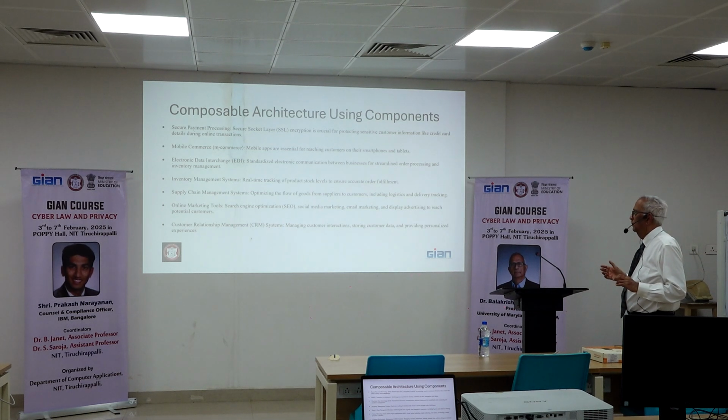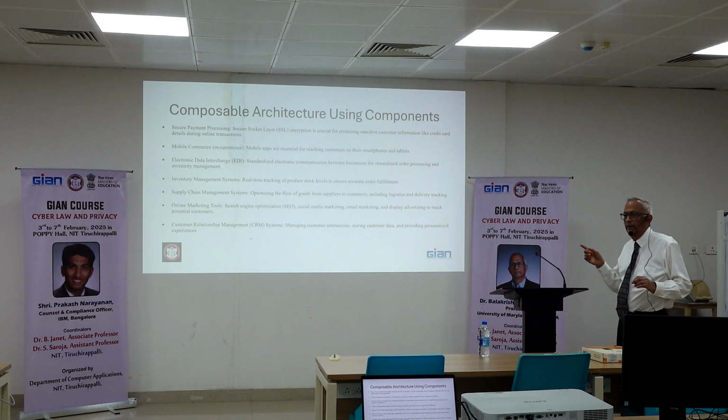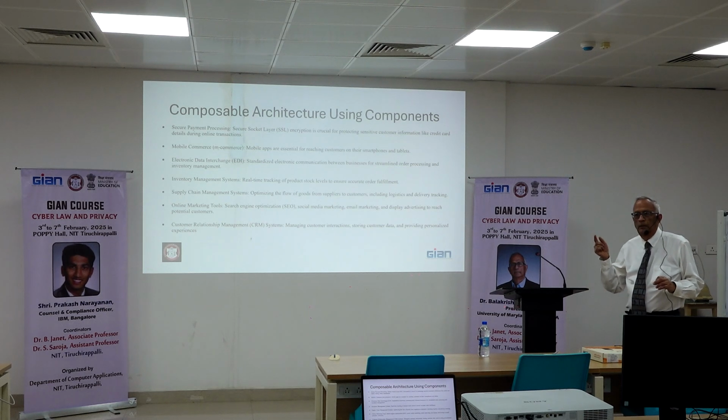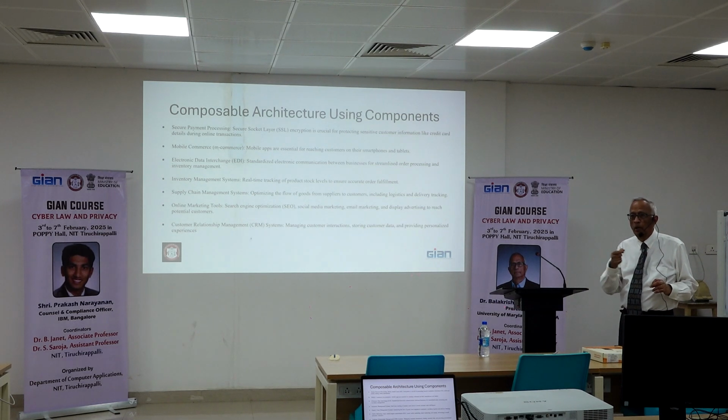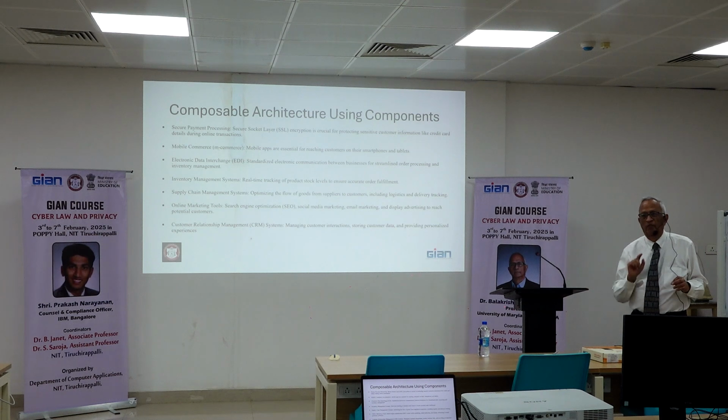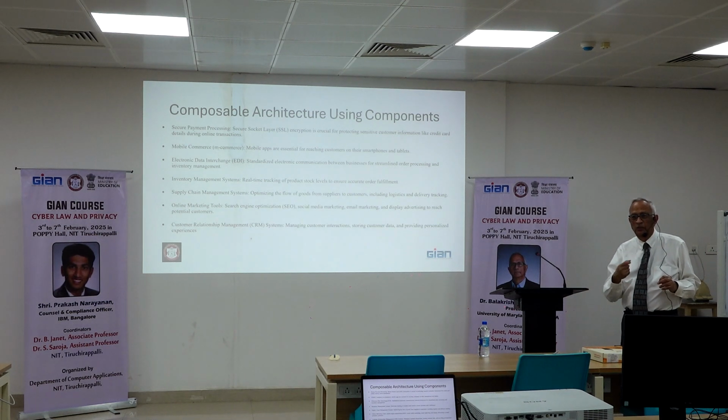The reason optimizing the flow of goods is very important is that the more you store ahead of time, the more it is a waste of your money, because you have to store them and get insurance for them. You want to order just one day before so that you don't take the responsibility of storing and insuring them. Sometimes it's called just-in-time manufacturing.